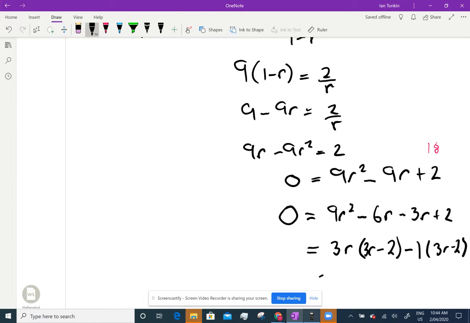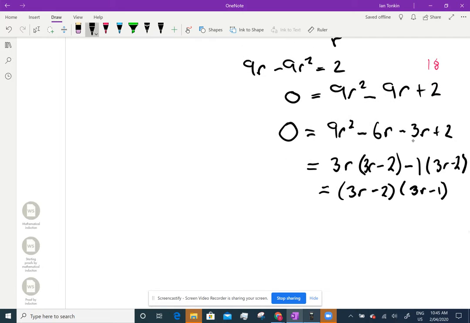So I've got (3R minus 2) and (3R minus 1). Therefore, R equals 2/3, or R equals 1/3.